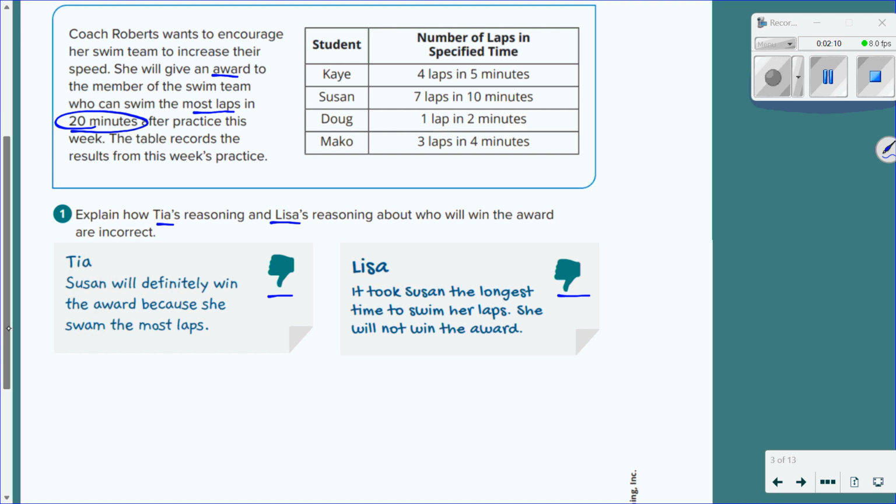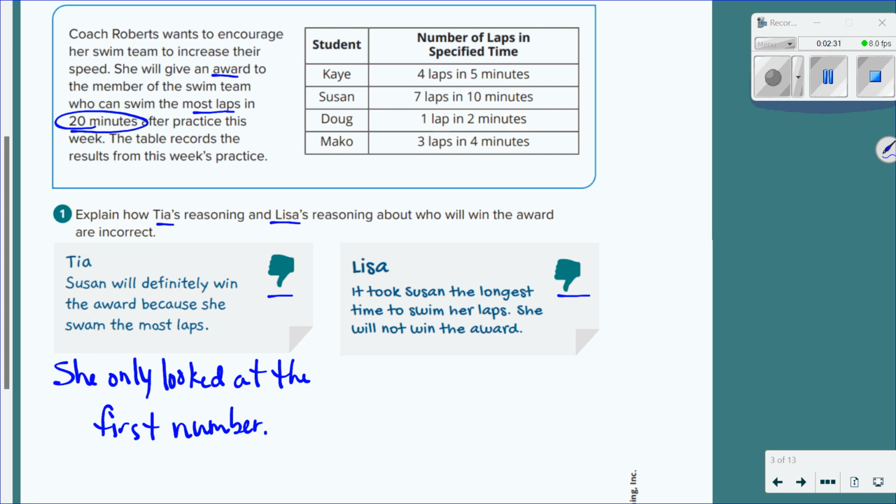She only looked at the first number, right? So Tia's problem is she only looked at the first number.